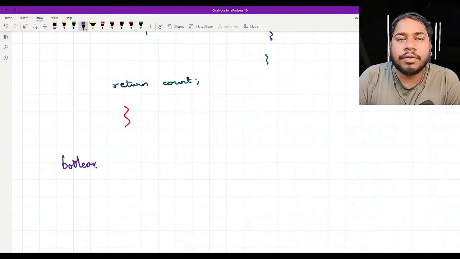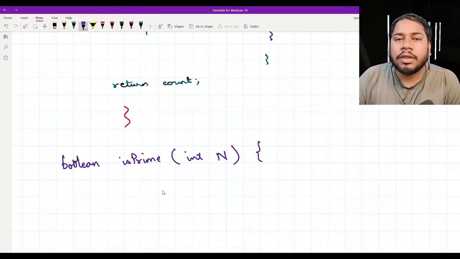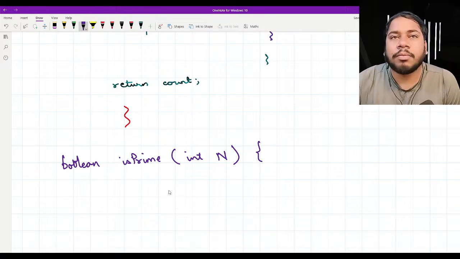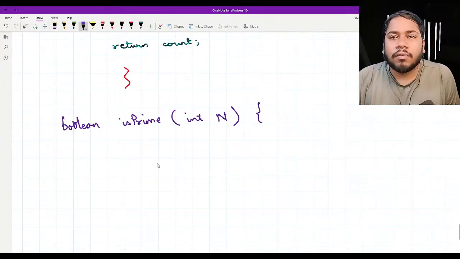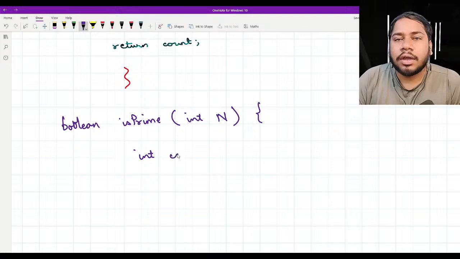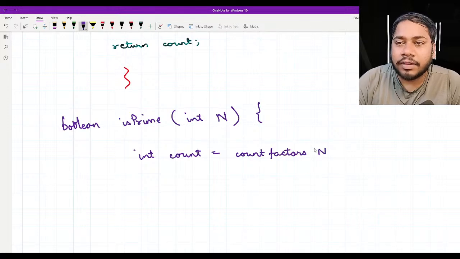We are making a Boolean function called isPrime, and that also gets a number. We are calling the function count factors. So we write int count is equal to count factors, and in that we are passing n.